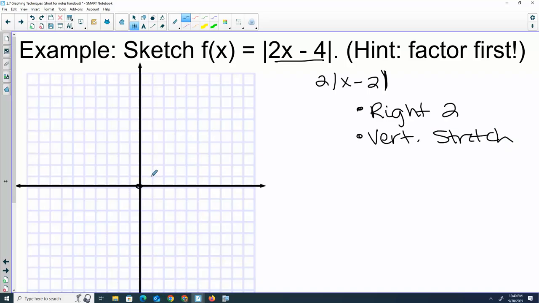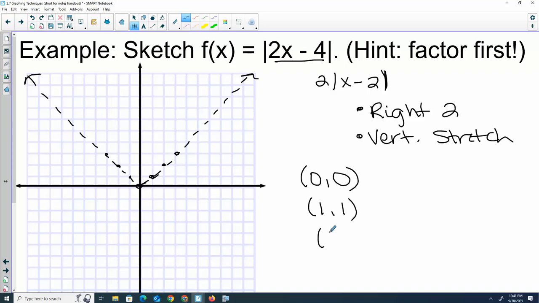So I start with my absolute value, my v. At least 3 points, but you can do more. So, you don't have to write out points, but if it helps you, you can.